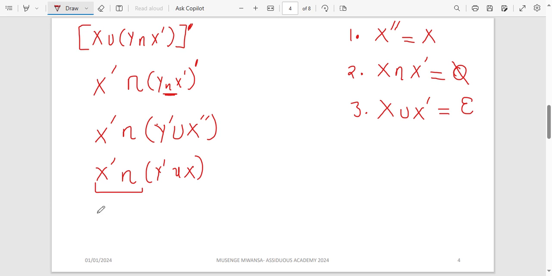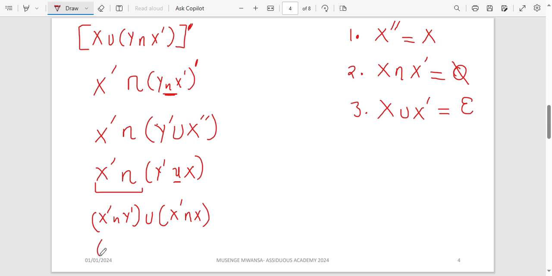So that is going to give us x complement intersection y complement. I'll put this in brackets. Don't forget you get a sign in the middle here, union. And then again get the same x complement intersect distributed now with this guy which is at the end. And then that is going to give you x complement intersect x.